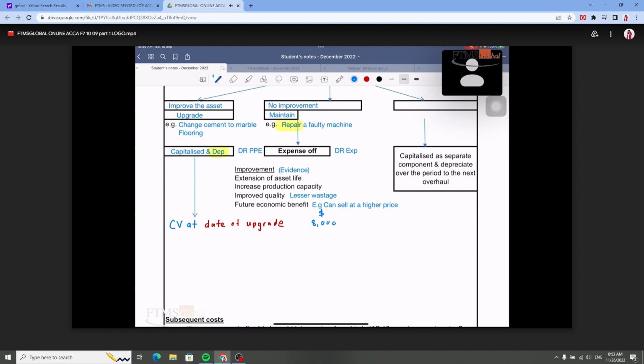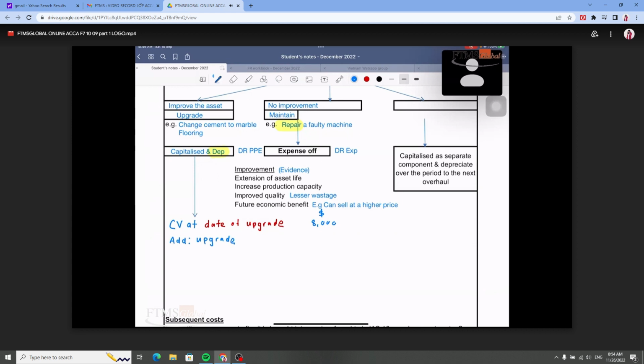Firstly, existing asset, go and calculate the carrying value at date of upgrade. Then next, of course, you add the upgrade.